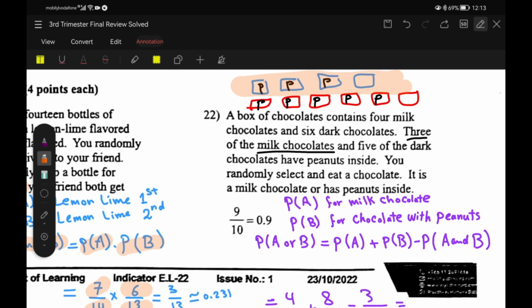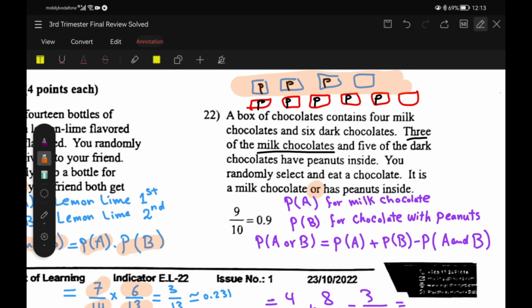So 3 out of 4, we are going to write P for peanuts inside the squares. Now, you randomly select and eat a chocolate. It is a milk chocolate, or, so he used "or" here, or has peanuts inside. So we have two probabilities.